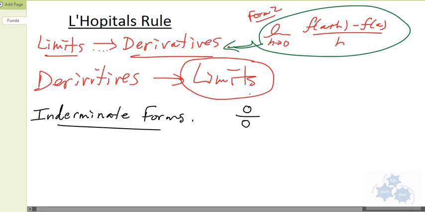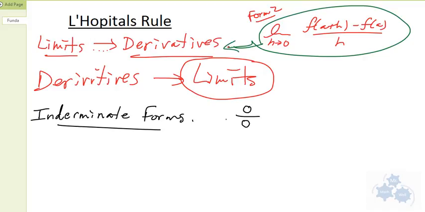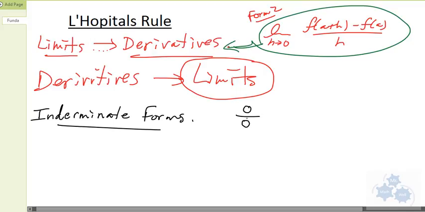When we got 0 over 0 when applying limits, we had to manipulate, adjust, and reorganize our expression in order to try to eliminate factors. We're going to talk about that a little bit. But as well, if you get infinity over infinity, positive or negative, this is also an indeterminate form, right? There's no real answer there.